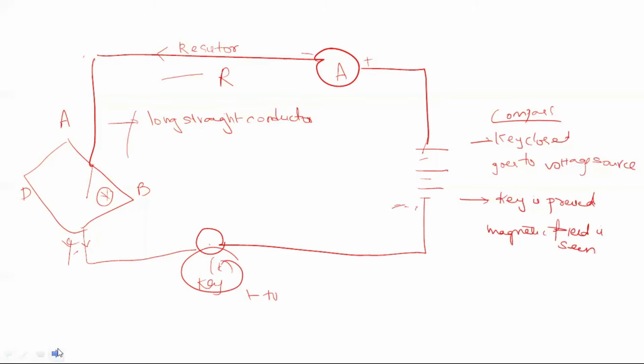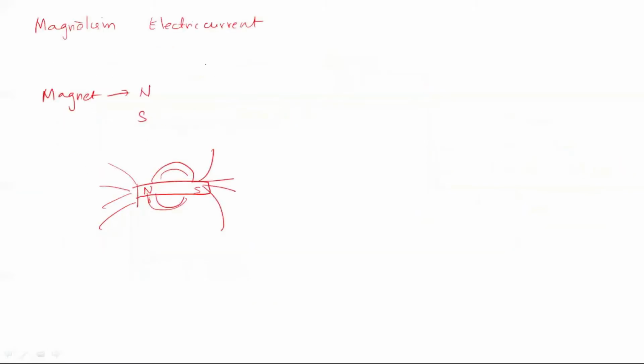We are familiar that the compass needle gets deflected when brought near a bar magnet. A compass needle is in fact a smaller magnet. The ends of the compass needle point approximately towards north and south.